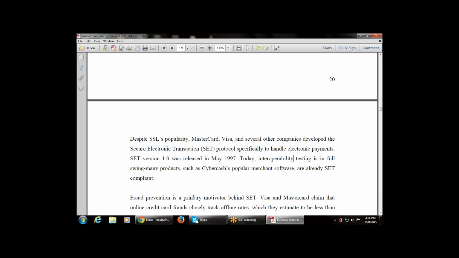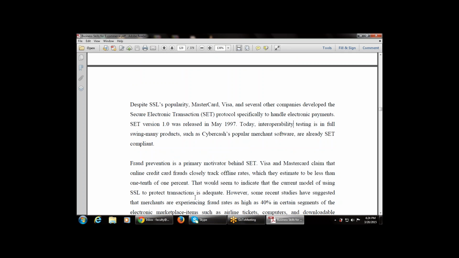Its first version was released in 1997, and then it moved to later versions. Nowadays SET is one of the important protocols so that our payment procedure is secure and cannot be hacked by unauthorized persons.